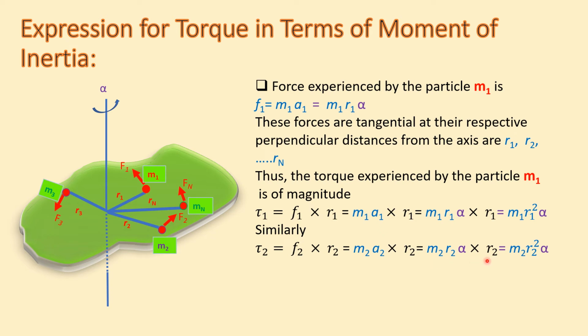So we get the value of torque 2 as m2 r2 square alpha. Similarly, we can calculate the torque acting on the nth mass particle, torque n, which can be written as Fn into rn, and that value comes to be mn rn square alpha.